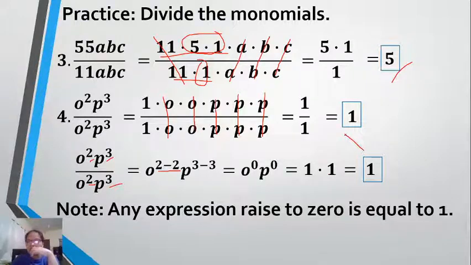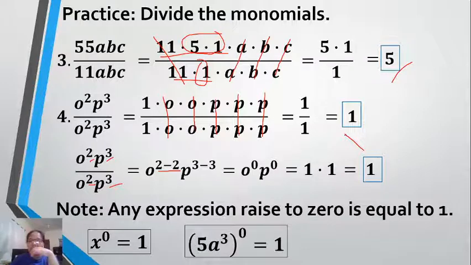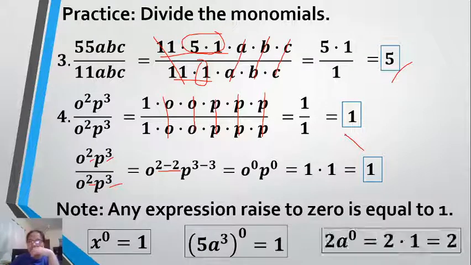So that's the rule. That means x raised to 0 is 1, 5a cubed raised to 0 is 1, but in 2a raised to 0, the base that is raised to 0 is just a in here. It does not include 2. So that's 2 times 1, which is 2. So the explanation to that, why is it that any expression raised to 0 is 1, is explained in here.